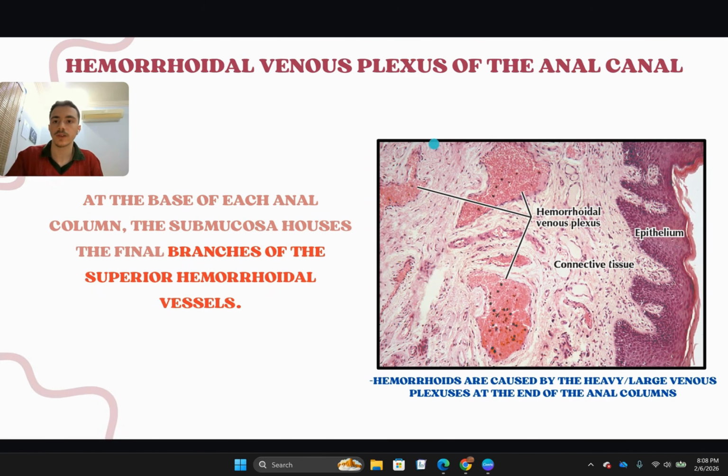Last thing, the hemorrhoidal venous plexus of the anal canal, which is hemorrhoids. At the base of each anal column, the submucosa houses the final branches of the superior hemorrhoidal vessels.